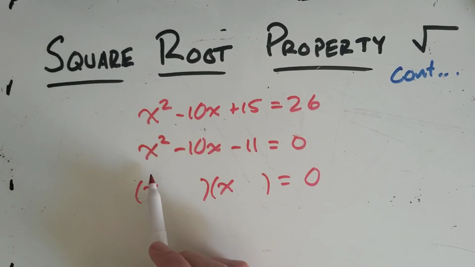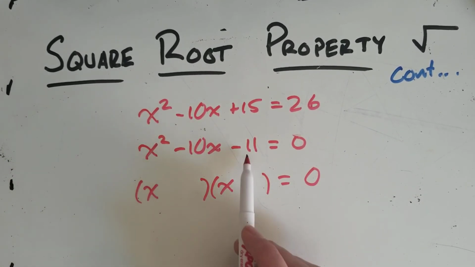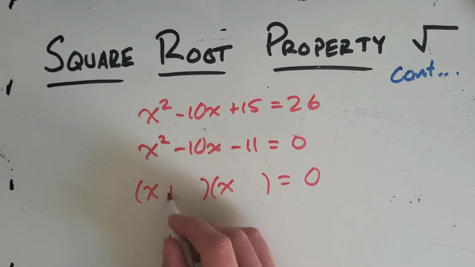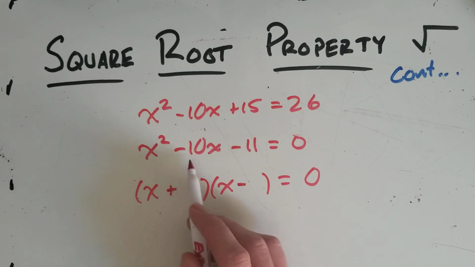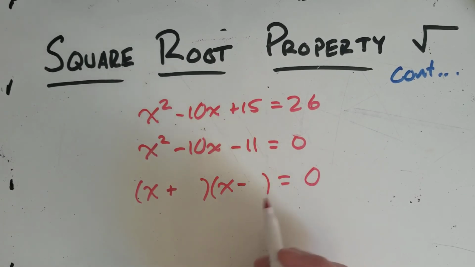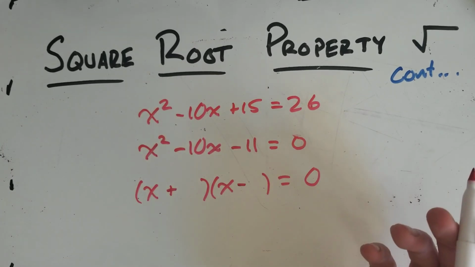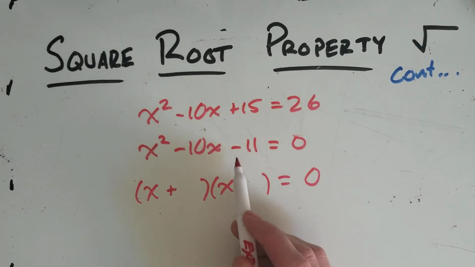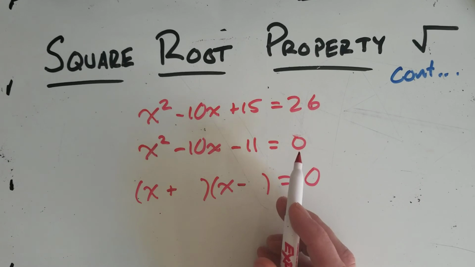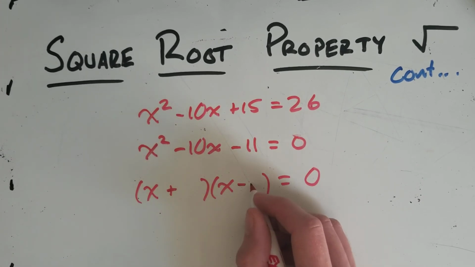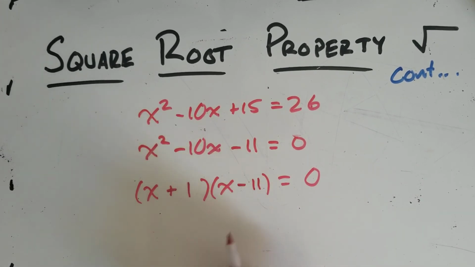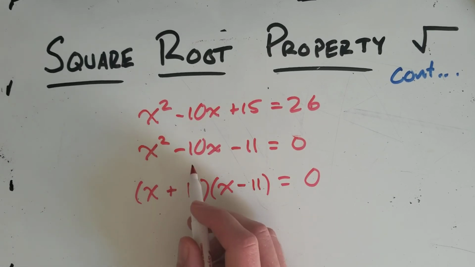if we can factor. So let's go ahead and try to factor. Well, we're looking for a product of negative 11, so that negative sign means we would have a plus and a minus, and it needs to add up to negative 10. So factors of negative 11, well, 11 times 1 is going to equal 11, so one of those needs to be negative, and if we make it a negative 11 and a positive 1, when we end up adding, we'll end up with that negative 10.